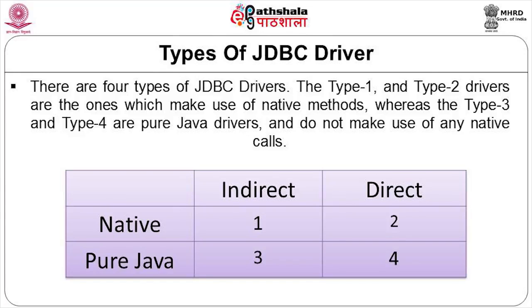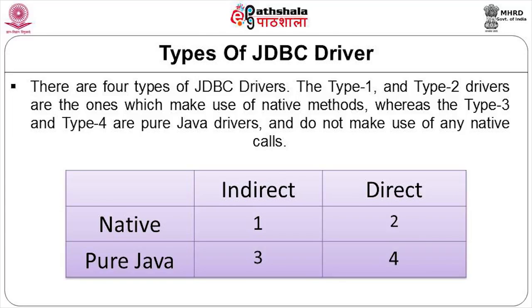Type 1 is where this driver uses native, as well as it is indirect. If it is indirect and using native, it is a type 1 driver. The JDBC ODBC bridge falls in that category, which is the type 1 driver. Type 2 driver, it's going to be direct but uses native.